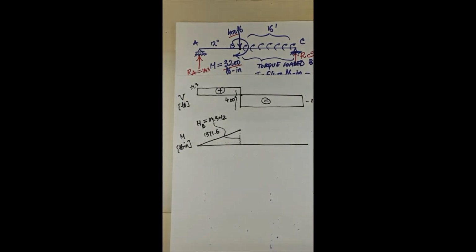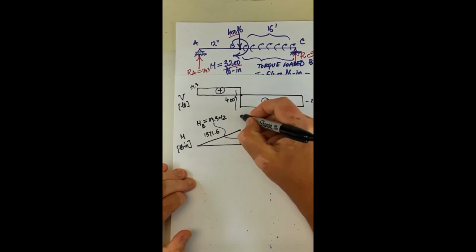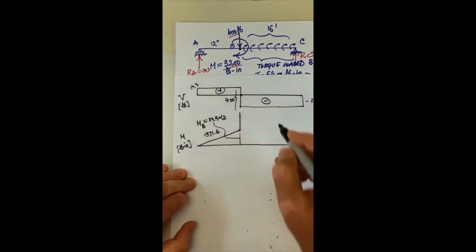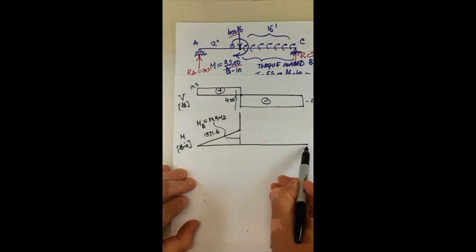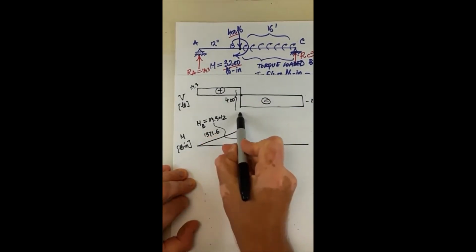Again, the moment is clockwise, and it's going to add this value to the diagram. It makes sense because I'm continuing with a negative slope, which is bigger than this one, and closing the diagram to 0.